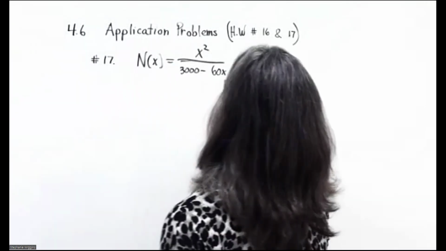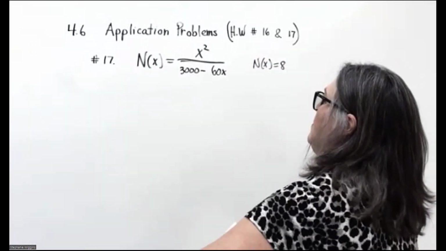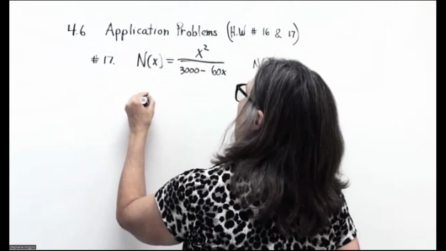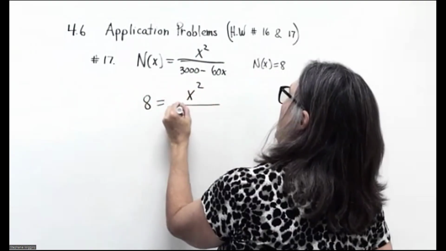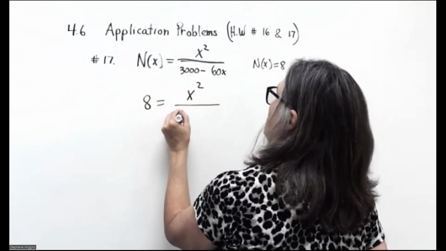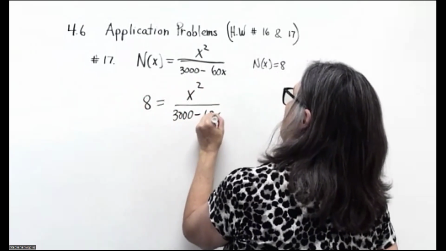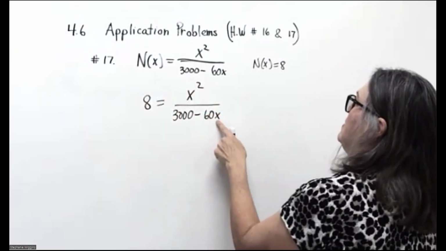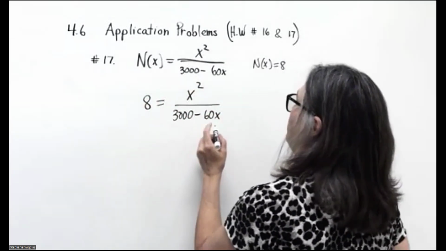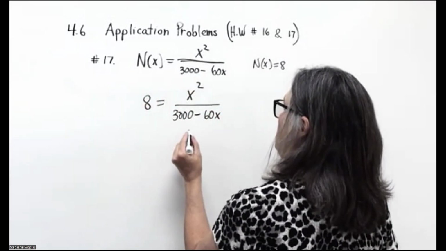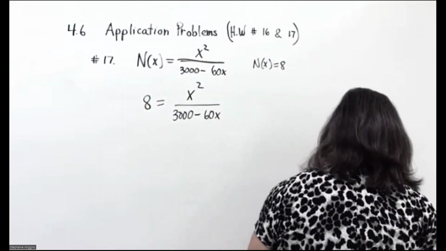So we're going to replace n of x here with 8. Now we have a rational equation, which can be converted into a quadratic as long as x is not equal to 50.